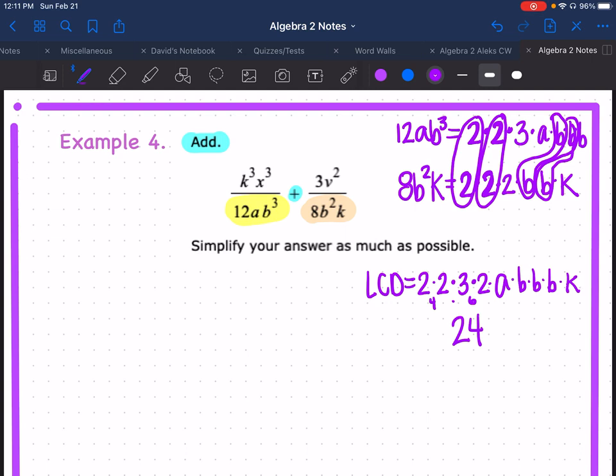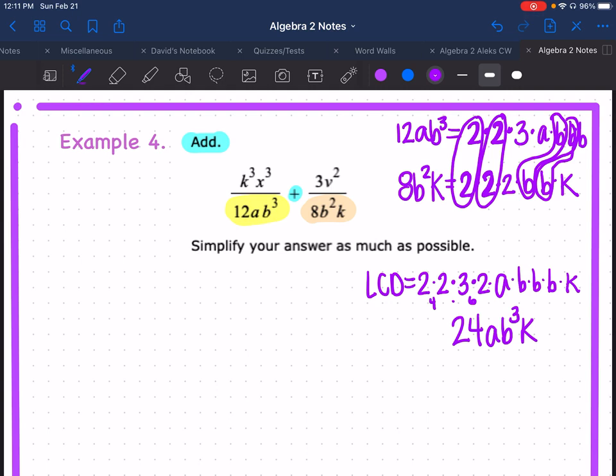That's just proper. That's just what we've all kind of agreed on in math. But there's really no reason to it that I'm aware of. So it shouldn't be a big deal if you have the K first and then the A and the B. It shouldn't matter. But there it is.